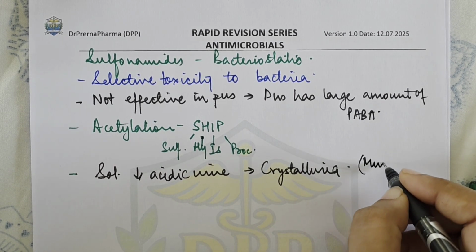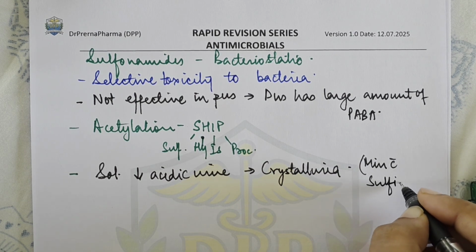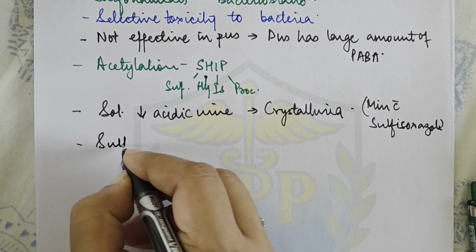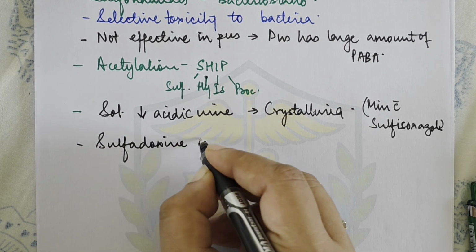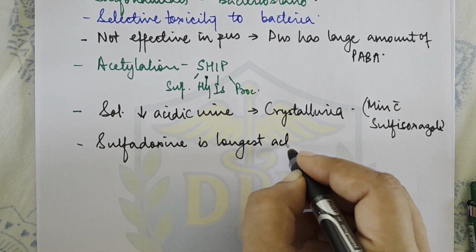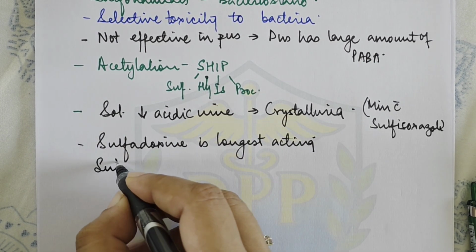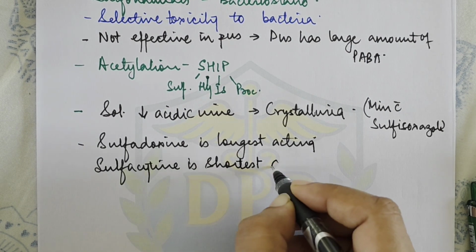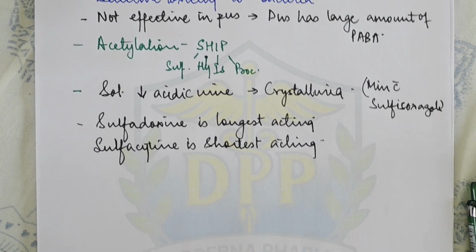This is minimum with sulfisoxazole. Then sulfadoxine is longest acting and sulfacytine is shortest acting, right?